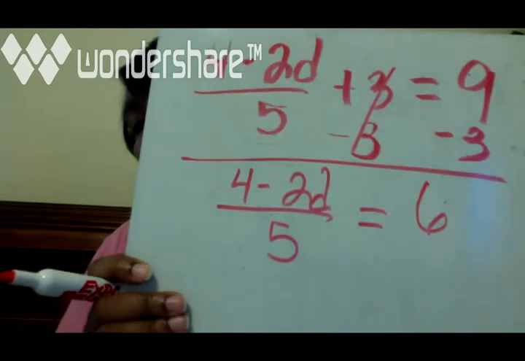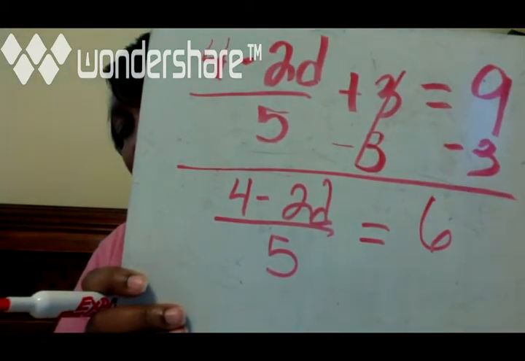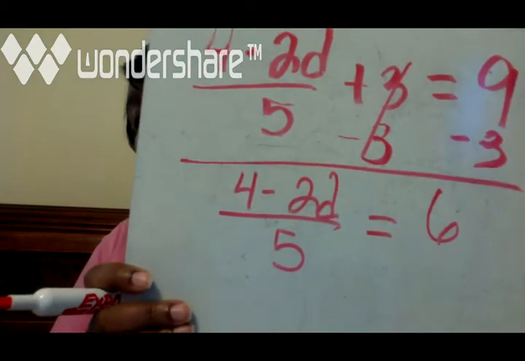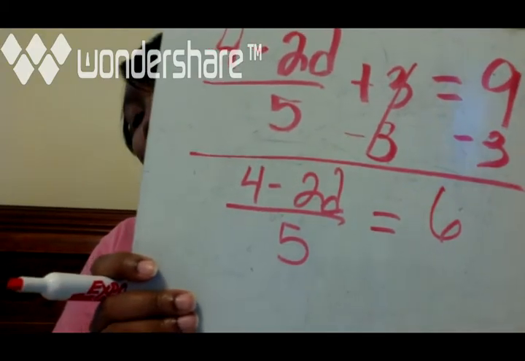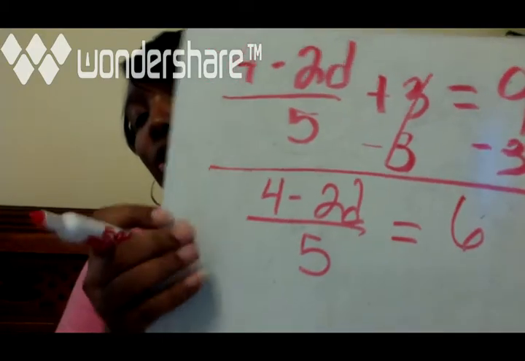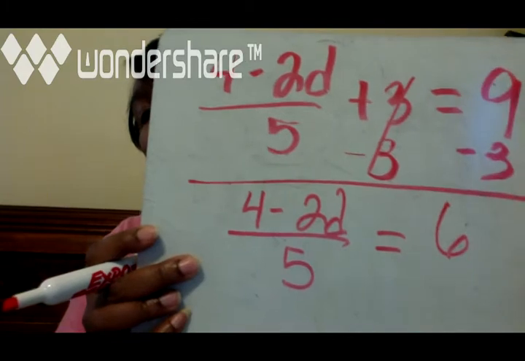I'm left with this. Now, this problem should look exactly like the one we just did. If I have a fraction over here, I can have a fraction over here, and I will put the 6 over the 1 and cross multiply.